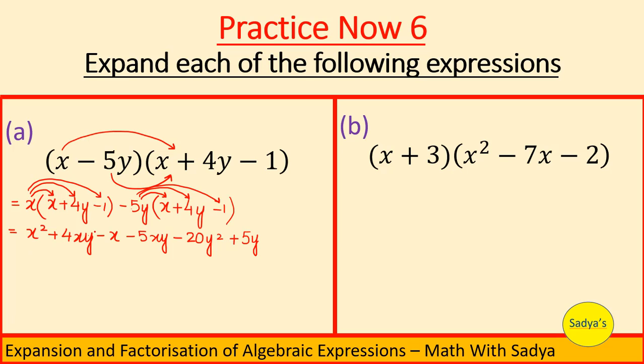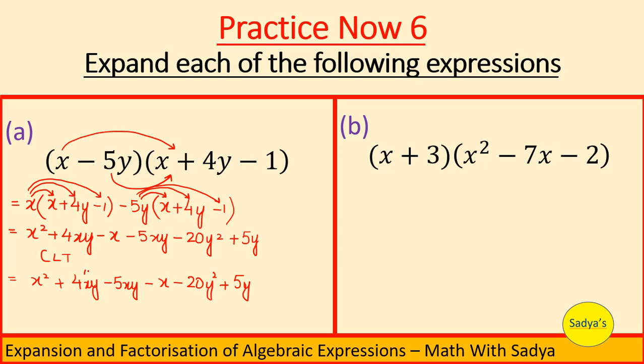Now here 4xy and negative 5xy are like terms. So collecting the like terms, we can write this expression as x squared plus 4xy. I'll write minus 5xy next to 4xy and then I'll write the remaining content, which is minus x minus 20y squared and plus 5y.